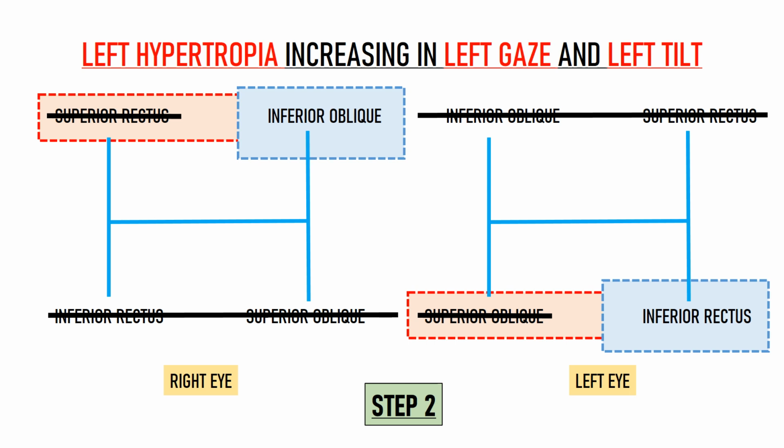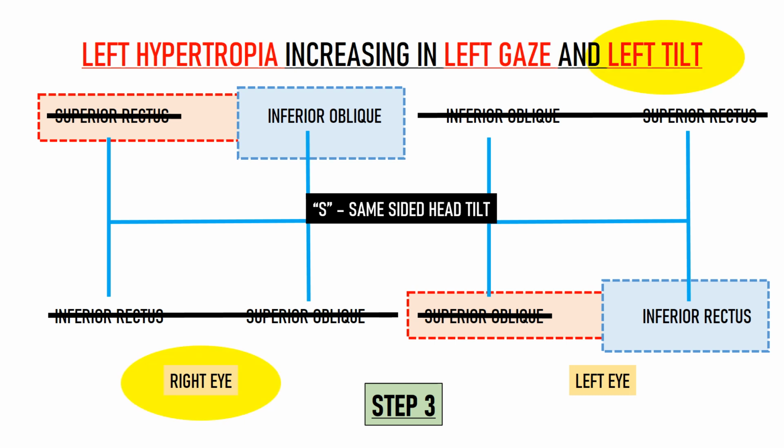Step 3, hypertropia increases on left head tilt. So here we are left with two inferiors. Our mnemonic was S stands for same. So I would be opposite of that. Therefore the muscle affected is on the opposite side of head tilt. So if hypertropia is increasing on left head tilt, the muscle affected would be right inferior oblique.